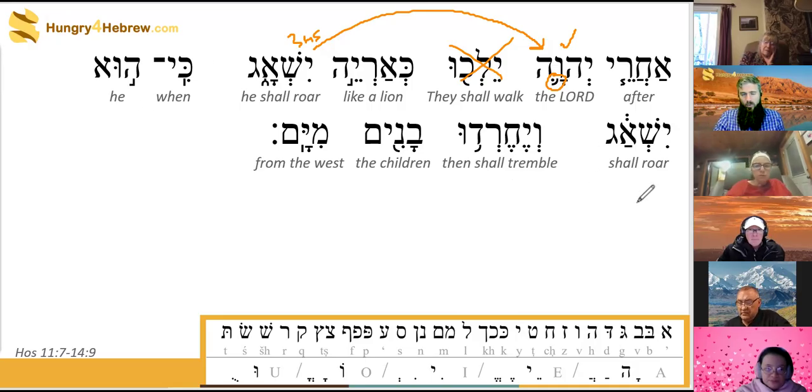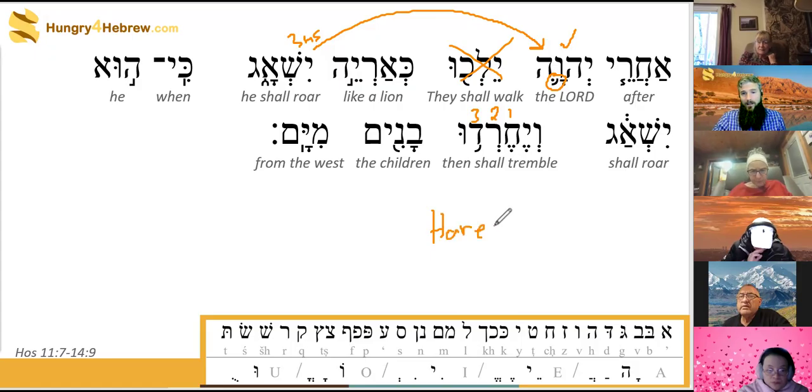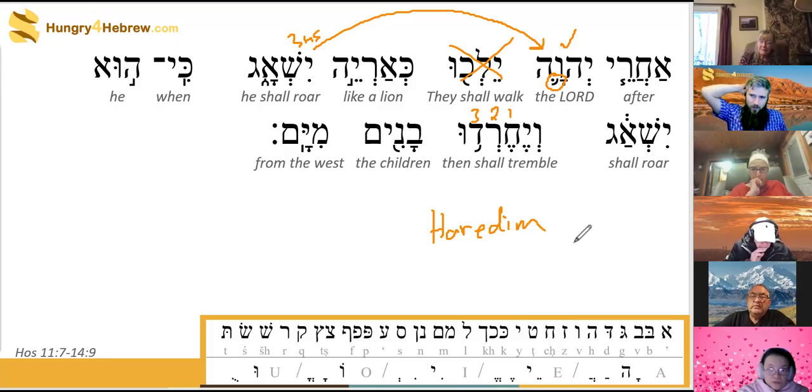When he will be roaring, when he shall roar. The Yecherdu, what's the root? Harad. Like the Haredim, the Haredi Jews. Oh, trembling, sure. The trembling ones, the ones who serve God out of fear.